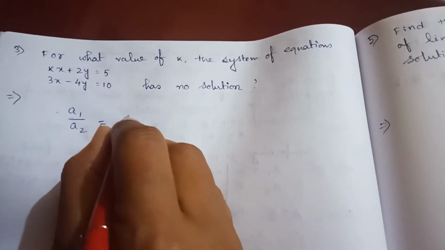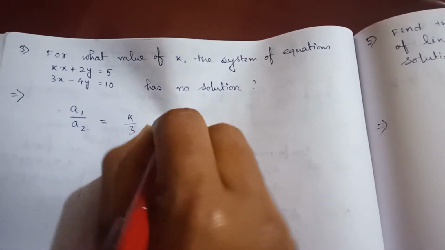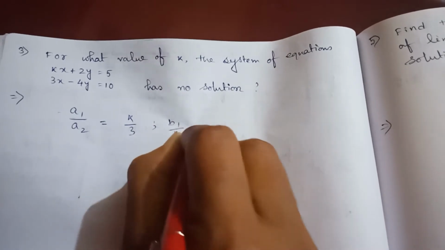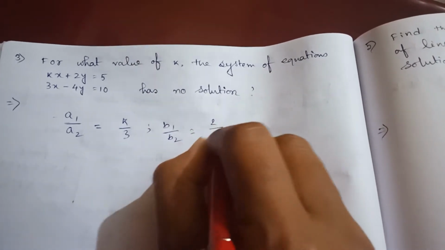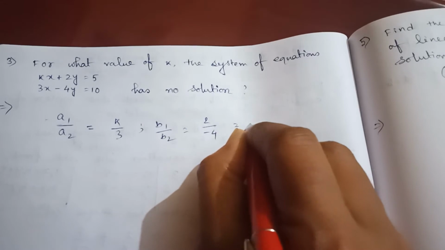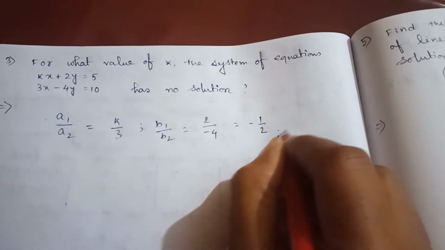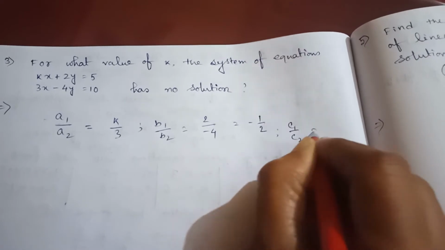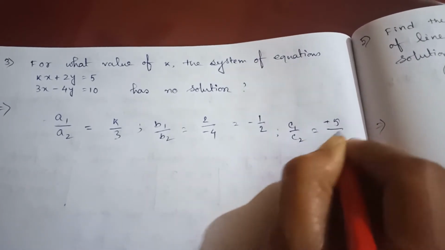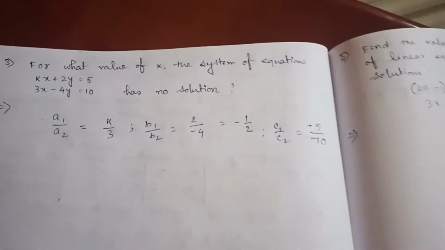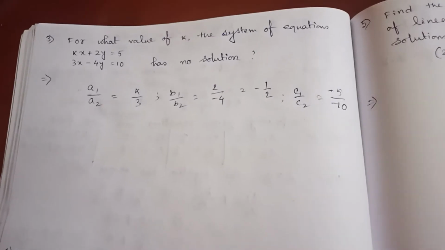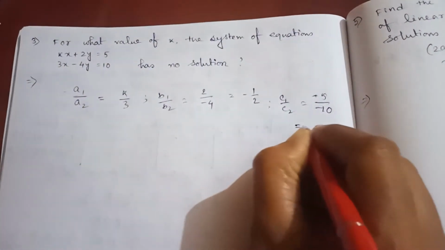So A1 by A2 equals k by 3, B1 by B2 equals 2 by minus 4, that is equal to minus half, and C1 by C2 equals minus 5 by minus 10, that is equal to half.